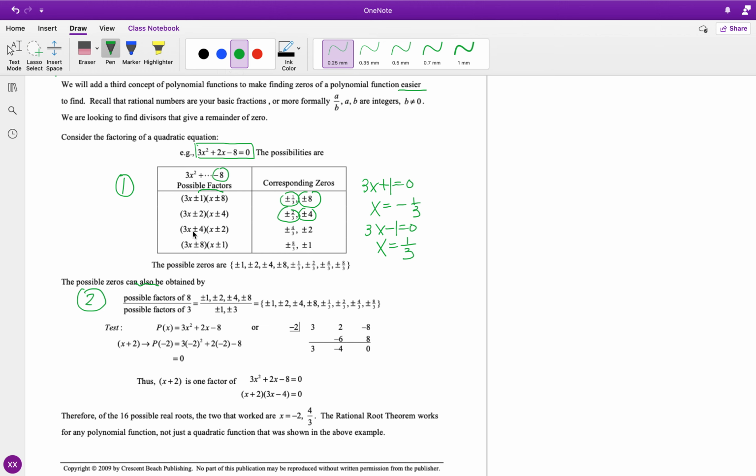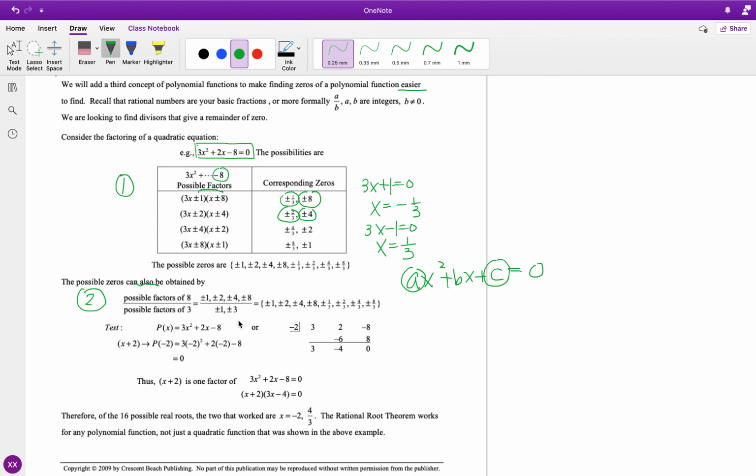Now if you write this as ax squared plus bx plus c equals 0, to break the c has this many possibilities, and the possible ways to break your a has this many possibilities.